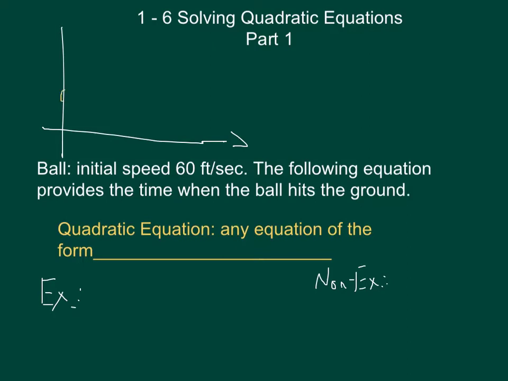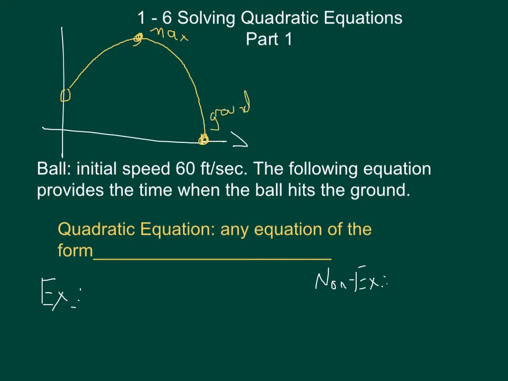If you have some ball and you throw it up into the air, the path of the ball is going to take on the shape of a parabola. And the parabola is a graph of the quadratic equation. If the ball goes up in the air and it reaches its maximum value, it comes down and it hits the ground right there.